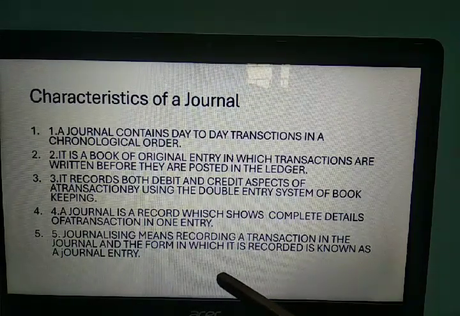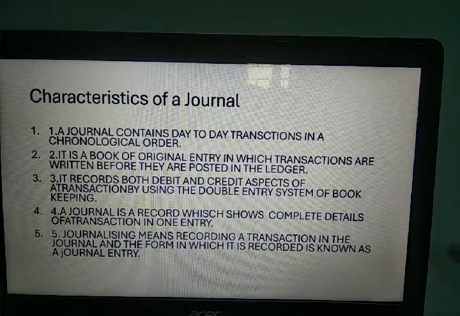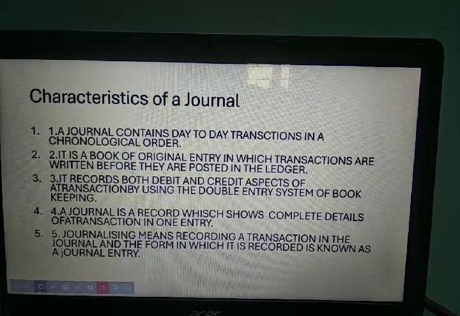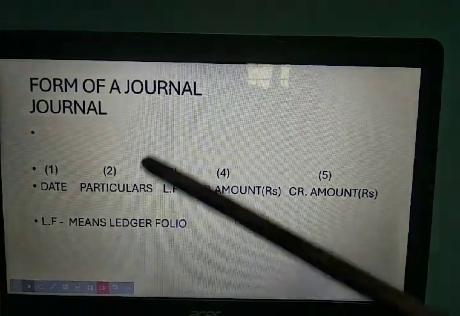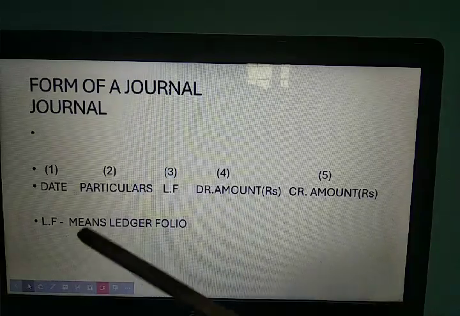Journalizing means recording of transactions in the journal, and what is recorded is known as the journal entry. Now the form of a journal: form means format.